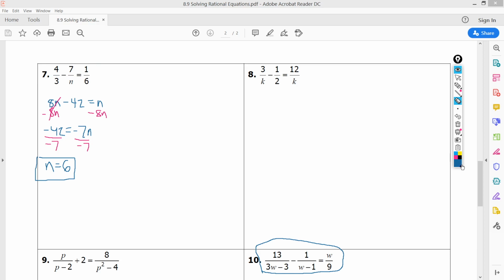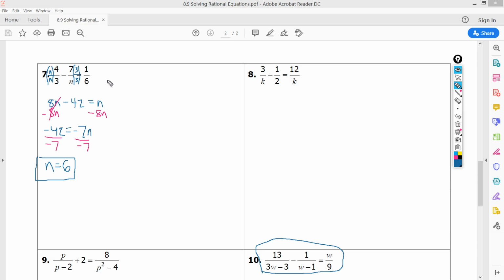The other way to do things is to give these common denominators so we can combine these fractions, and then we are going to cross multiply. To give these common denominators, this needs an n and this needs a 3. So I'll multiply this by 3 over 3, and I'll multiply this by n over n.